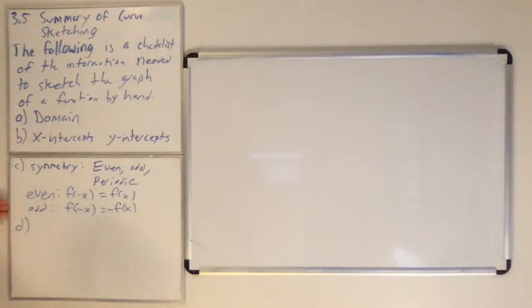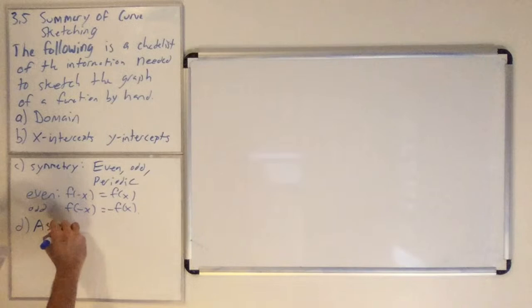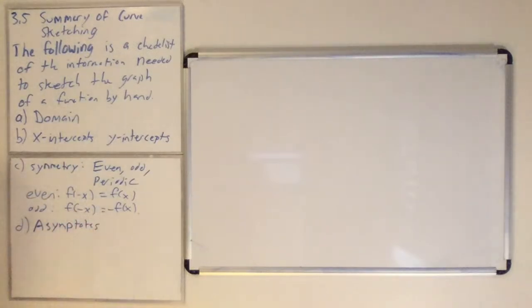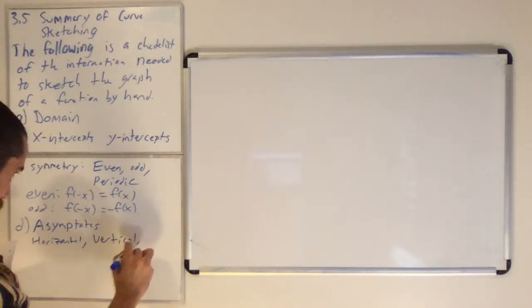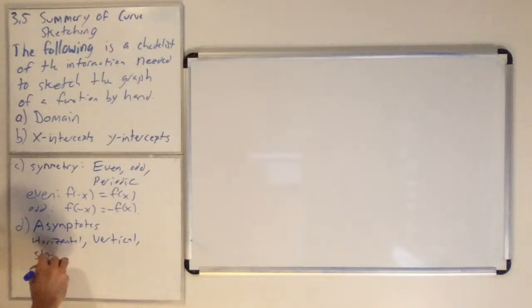Maybe you didn't define these in your pre-calc class, but there's no derivatives or anything involved yet, or limits. So D is the asymptotes. So we want to find vertical asymptotes, horizontal asymptotes. And then the last one, which we haven't talked about yet, are slant asymptotes. So this is coming soon.